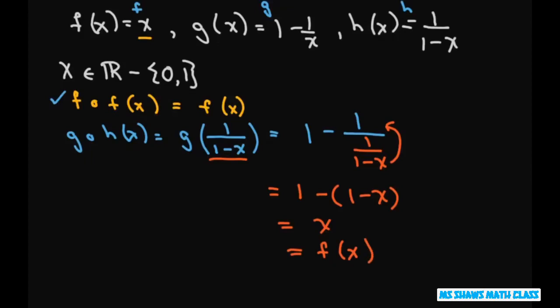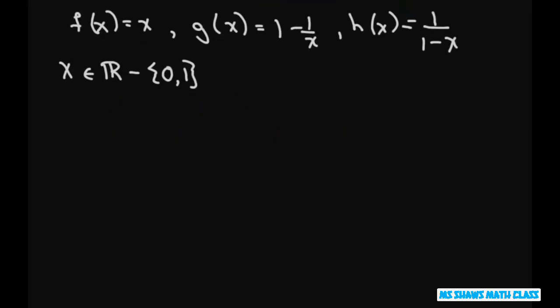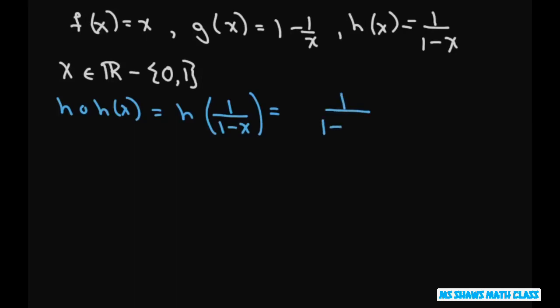All right, and now let's compose h with h of x. So that's h with 1 divided by 1 minus x. So you write down h, which is 1 divided by 1 minus, and then you input your h of x, which is going to be 1 minus 1 over 1 minus x.